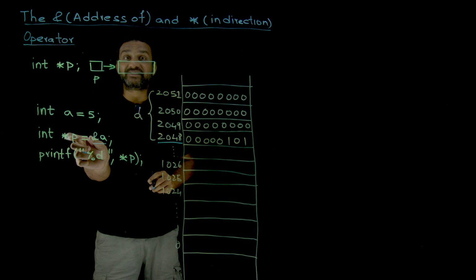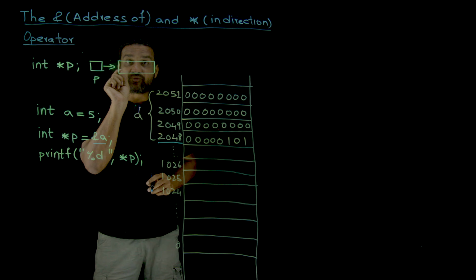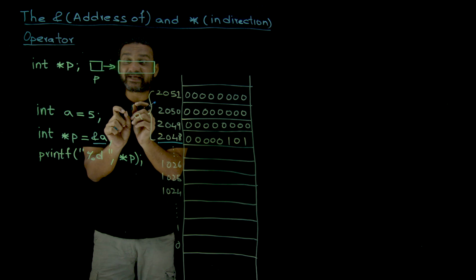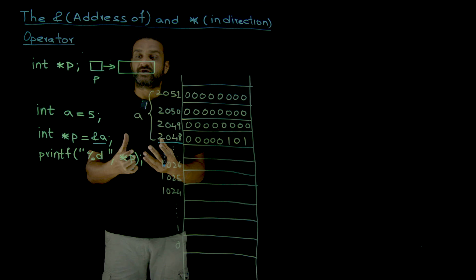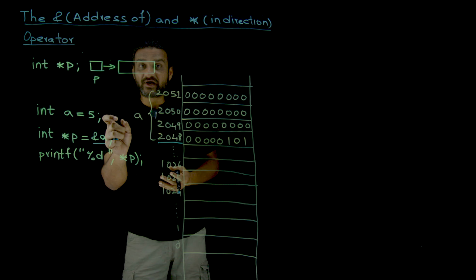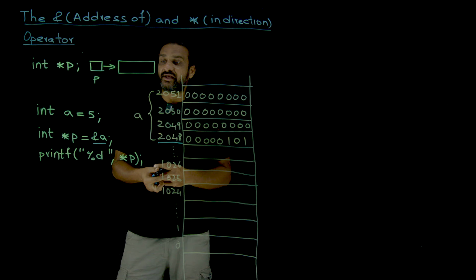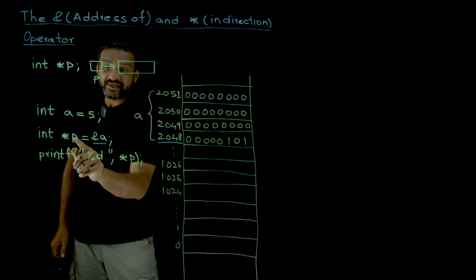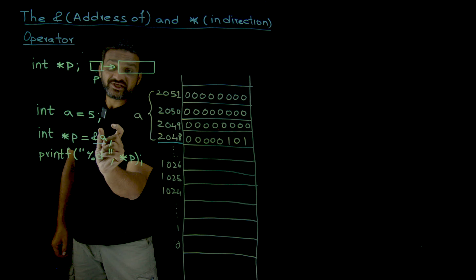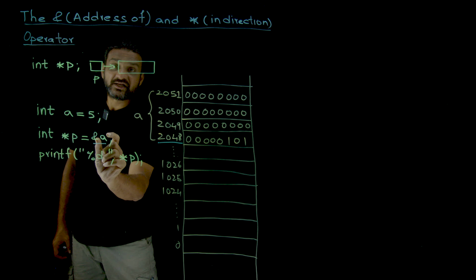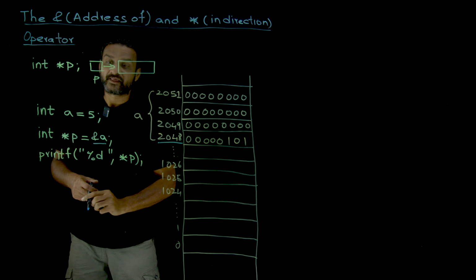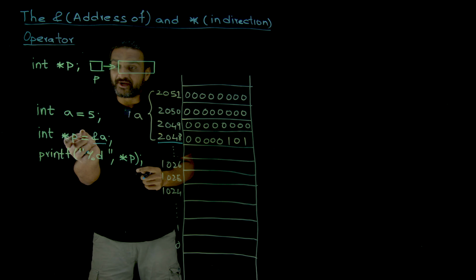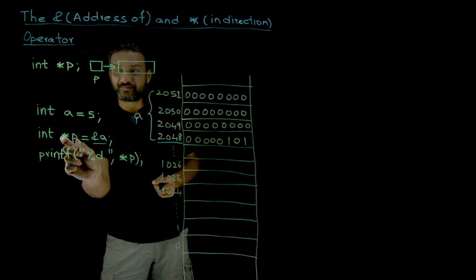Now what about this int in the pointer declaration? We will understand this line of code as a sentence: P is a pointer variable which is storing the address of a variable of type integer. Once again, P is a pointer.